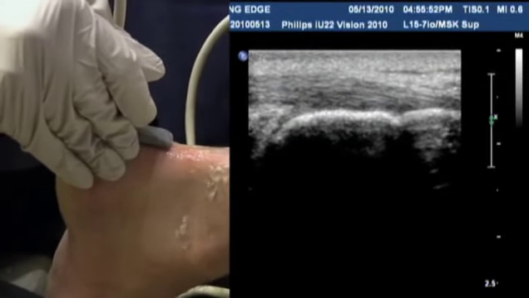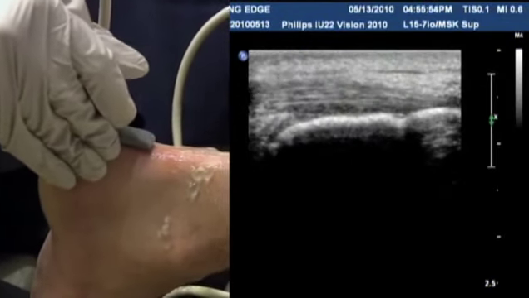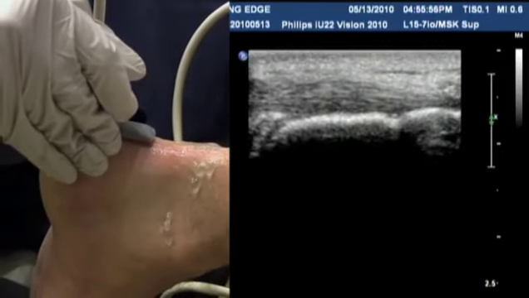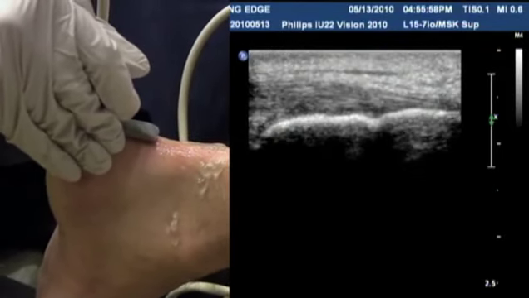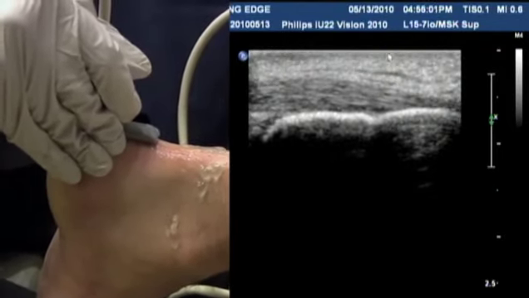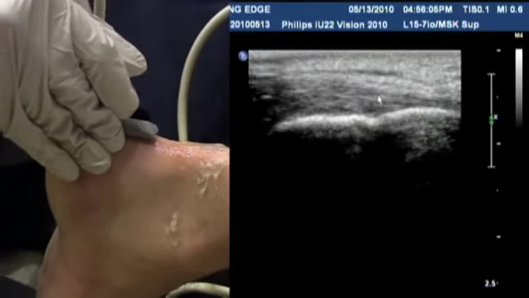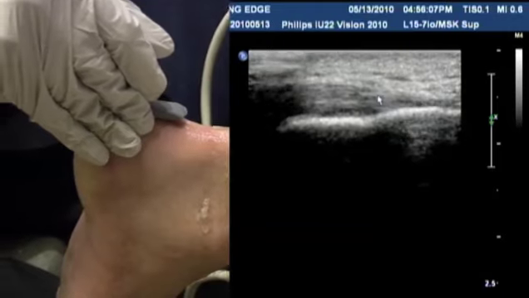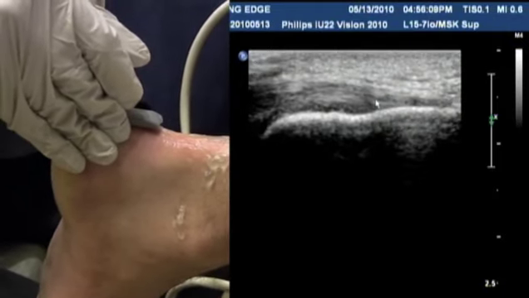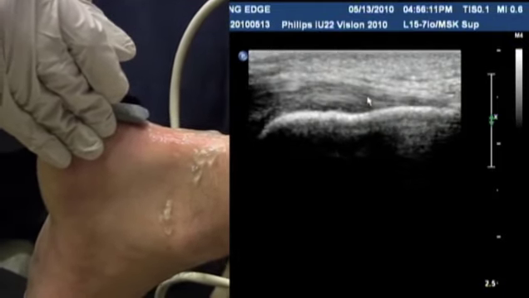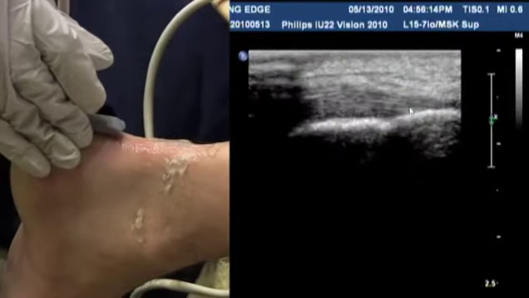That's not to be confused with pathology; that's just the way the tendon appears because it's curving down. In that case you want to angle the probe from the top half so that the tendon fibers are perpendicular. You can see how it becomes hyperechoic again. So that's just a normal insertion point into the calcaneum.